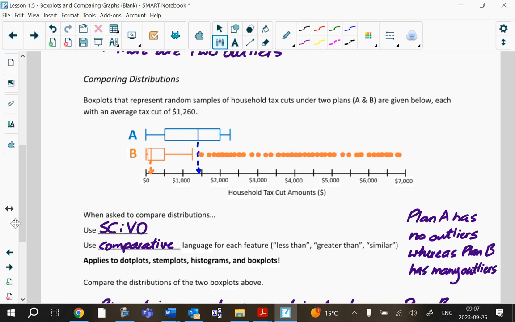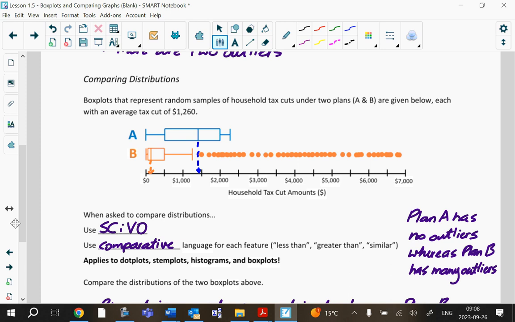Here, the median is way down here, but because of these outliers, it pulls the mean up, level with this. So both tax cuts have a mean of 1260, but if we look at other measures and a box plot of both, it tells a different story.